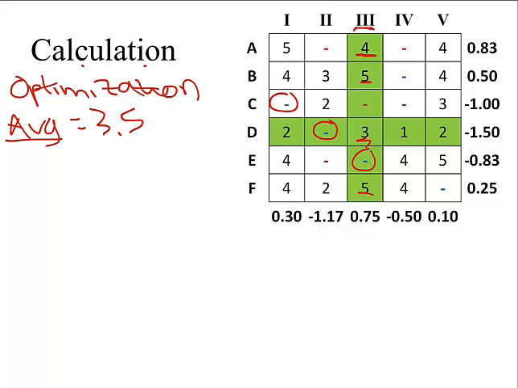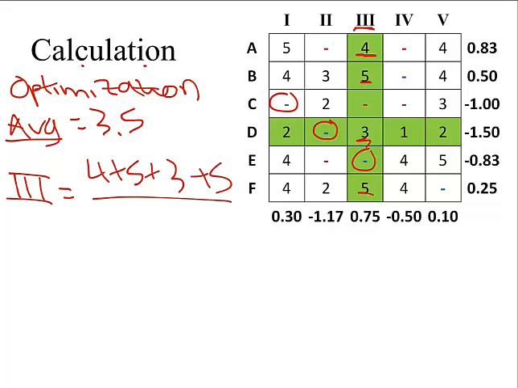To do that, movie 3's bias would be 4 plus 5 plus 3 plus 5, and we take the average of that, so we divide by 4. Then we want to do that relative to the overall average, so we subtract the average of 3.5 from that, and we come out with 0.75. And we've denoted that down here as well.